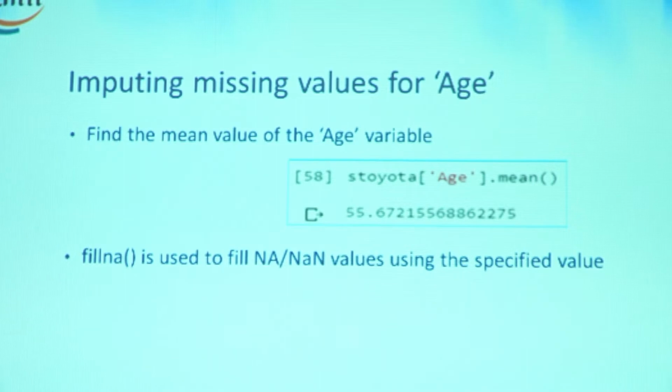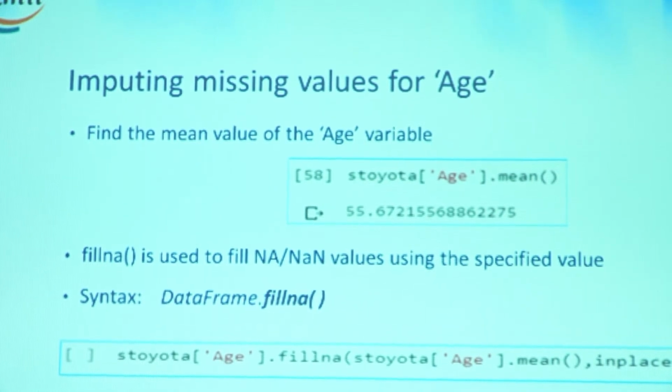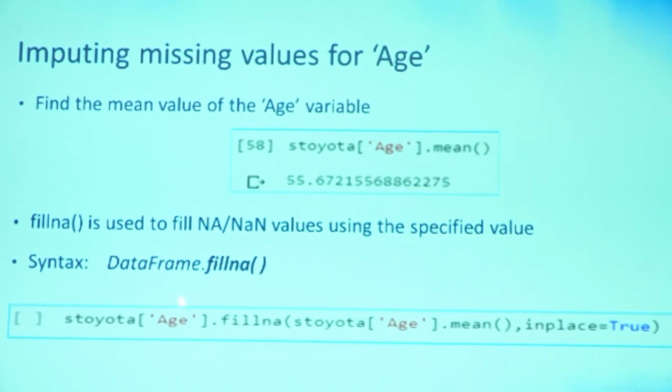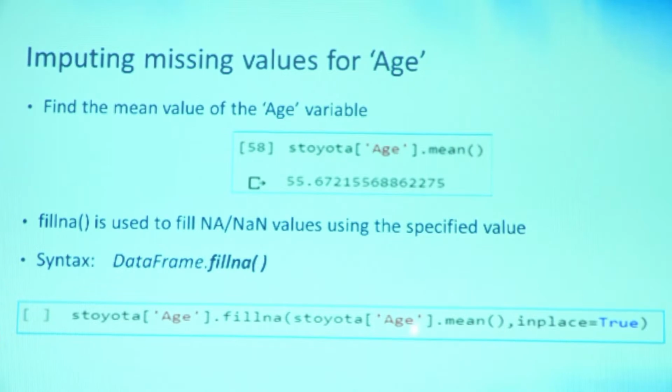For filling the missing values, fillna. Now, this is the syntax. What am I doing now? For my data frame's age column, I am filling that column with its mean. Make sure inplace is true. If inplace is not given, then it will not affect the overall data frame. It will not reflect it in the information.